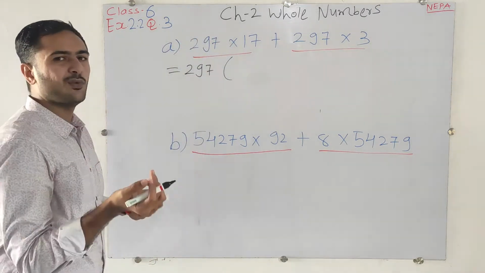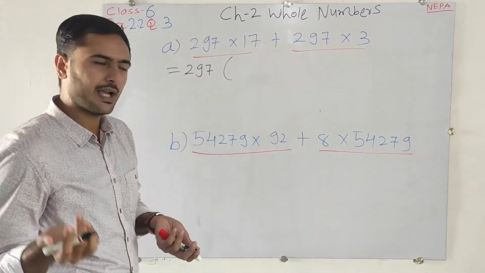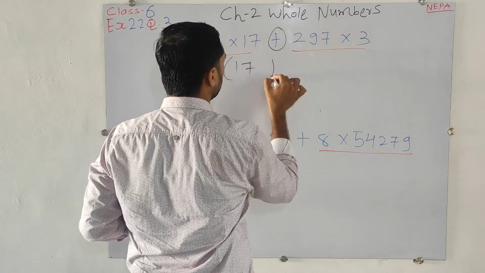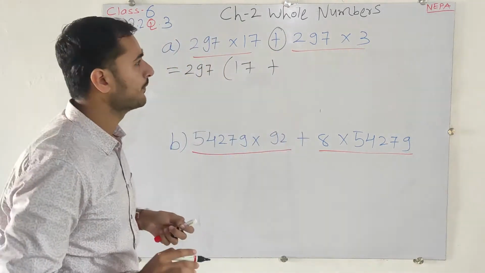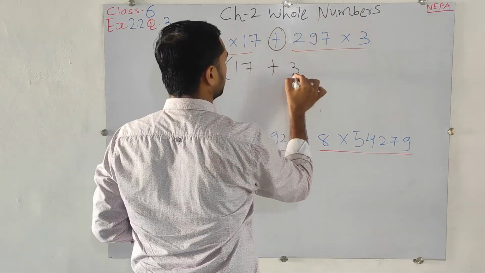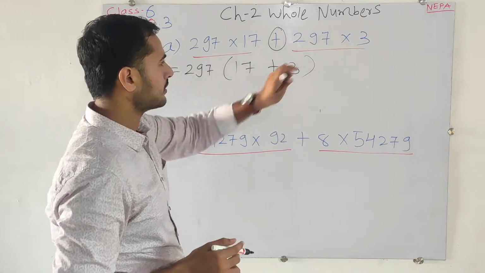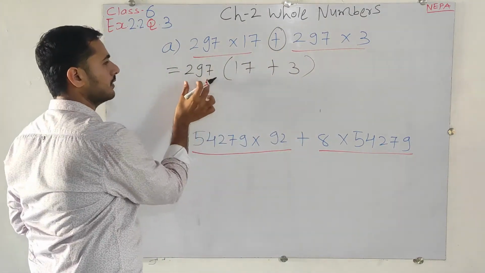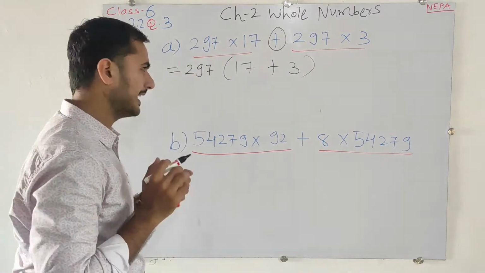If only one number is there, there is no need for the multiplicative sign, so simply 17. Now which sign is here? Just put the same one, addition. Now 297 is missing from the 3 plus 3. Actually it's not missing, we have taken it out, so it's here. That is the common one.